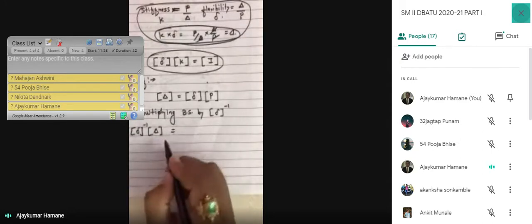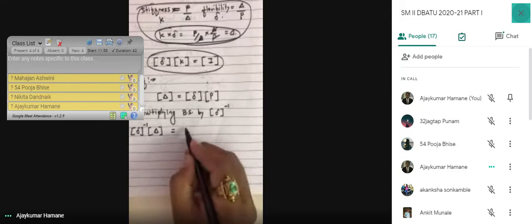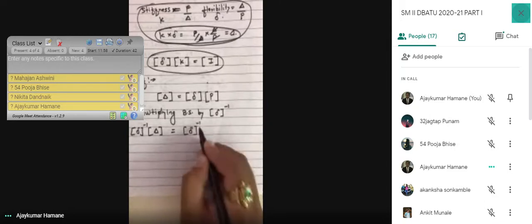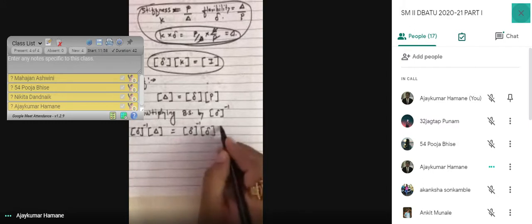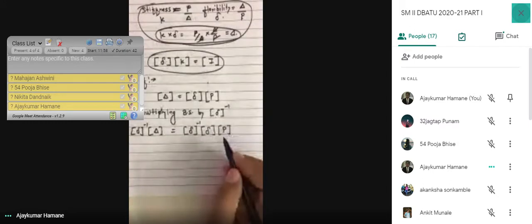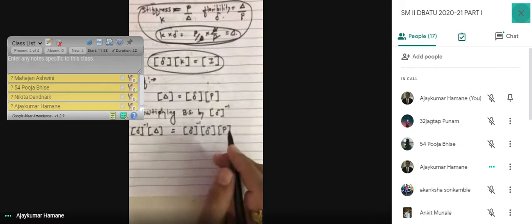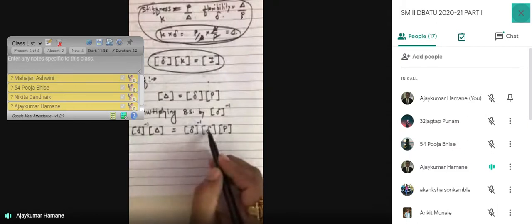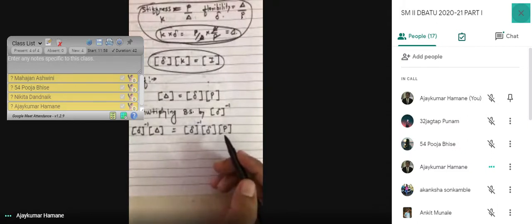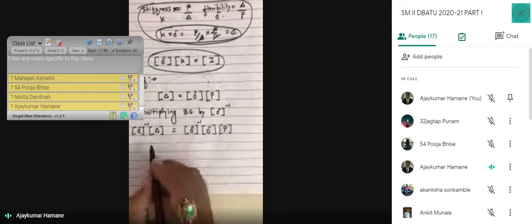So what is delta inverse equals to inverse. Okay. Now, so this gives us the inverse matrix, and this one gives us 1.